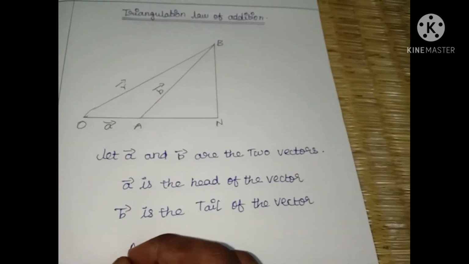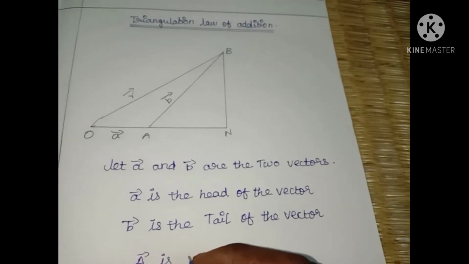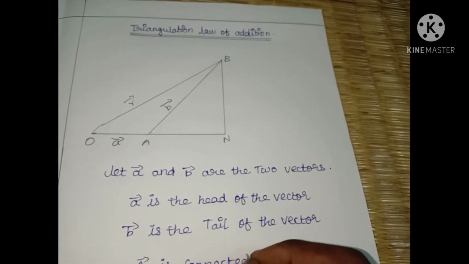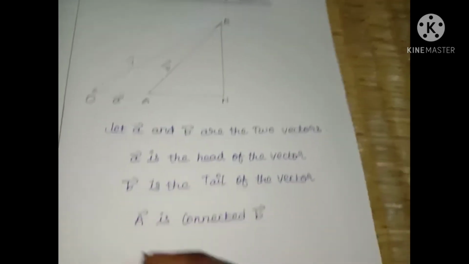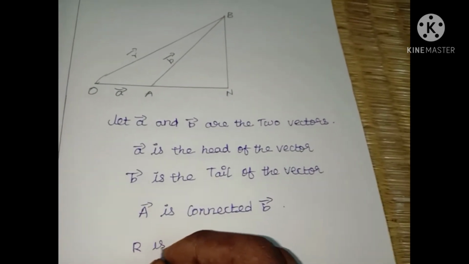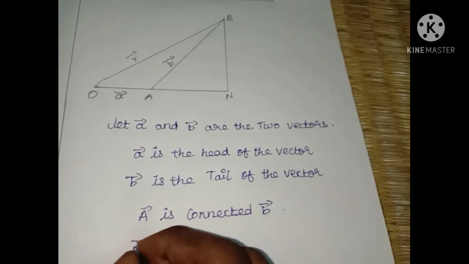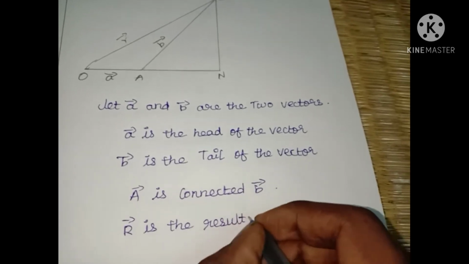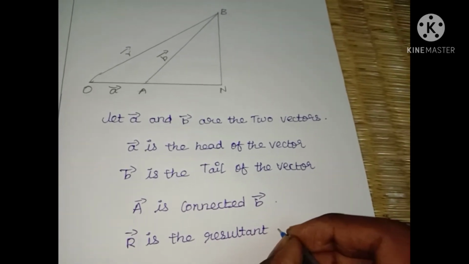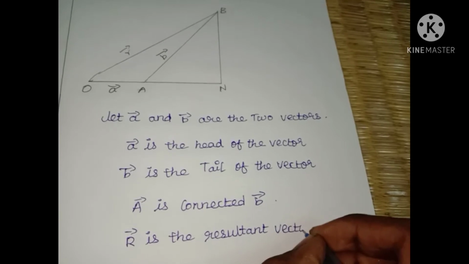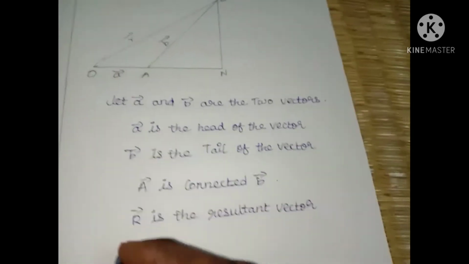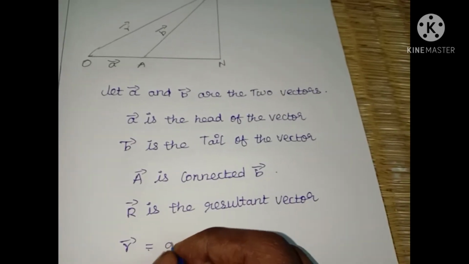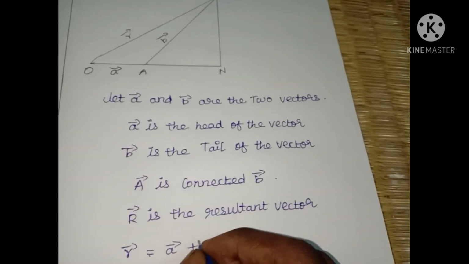The A vector is connected to the B vector, and the R vector is the resultant vector. R vector is equal to A vector plus B vector.